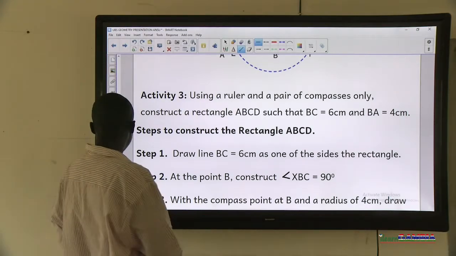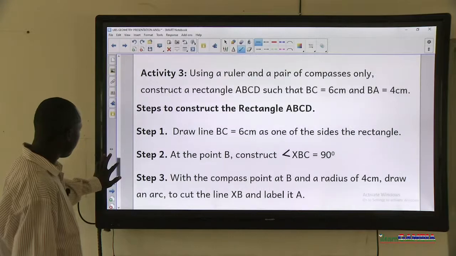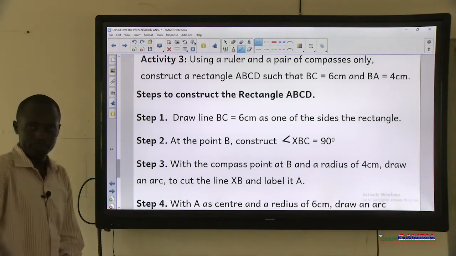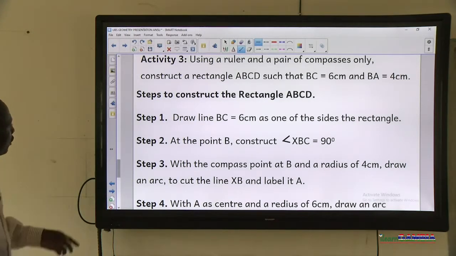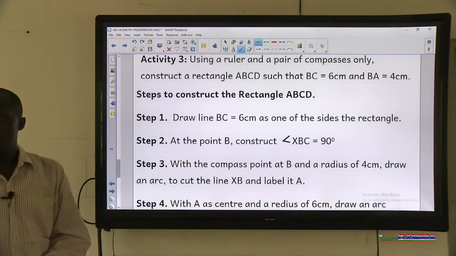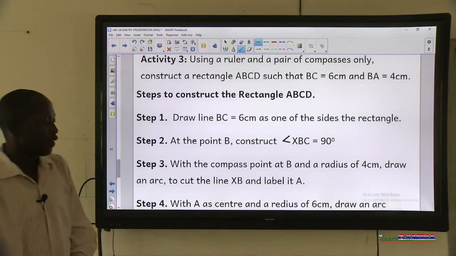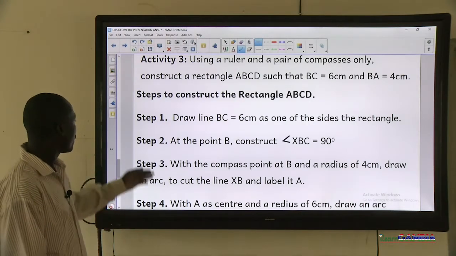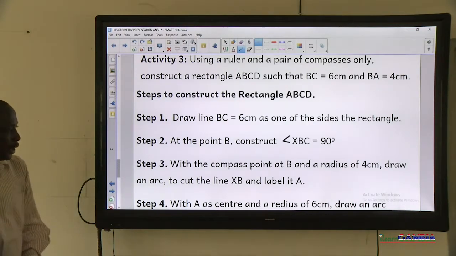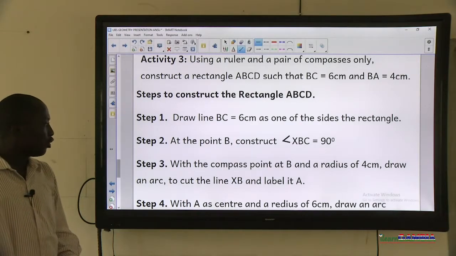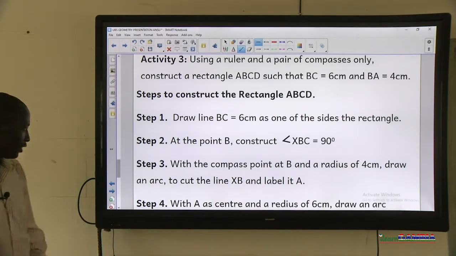So, what are the steps that are required? Step 1: draw line BC to be equal to 6 centimeters as one of the sides of the rectangle. Step 2: at the point B, construct an angle of 90 degrees.